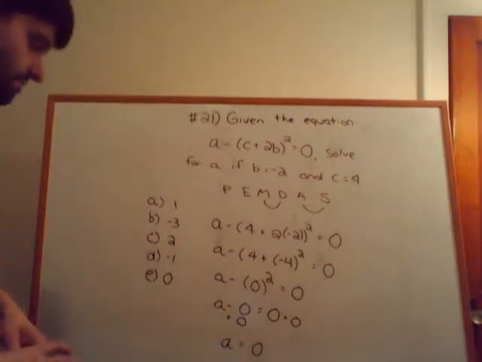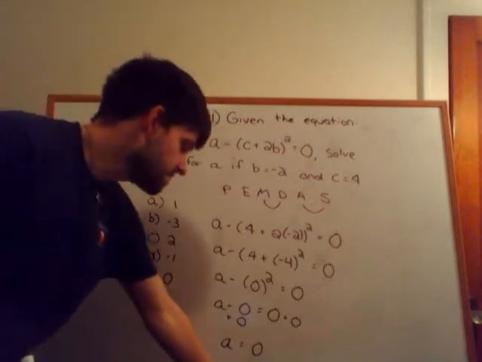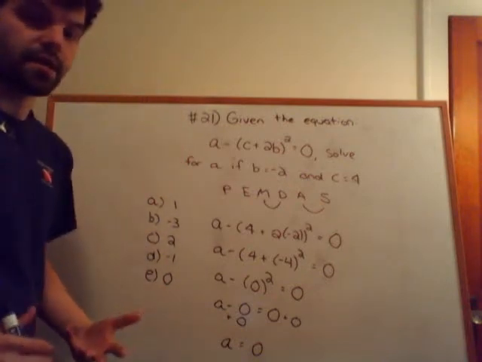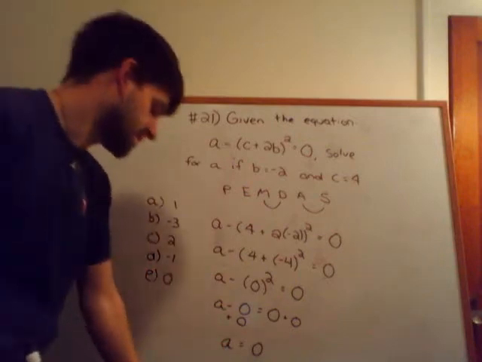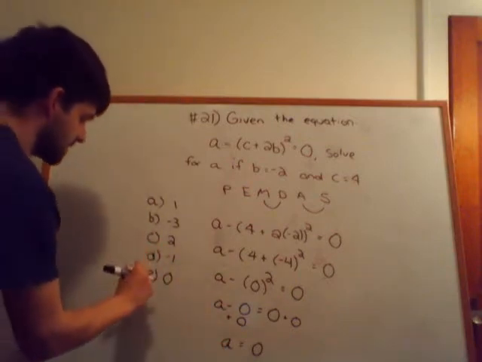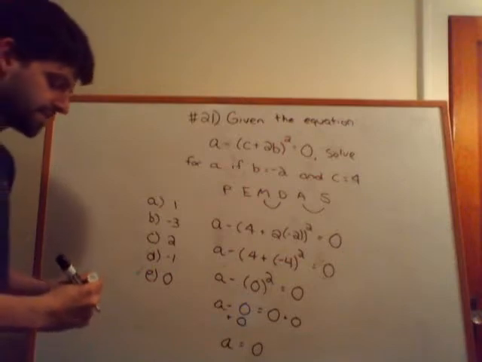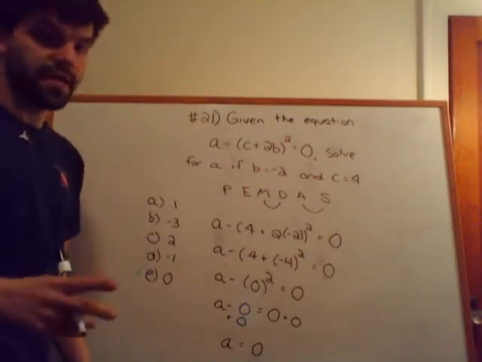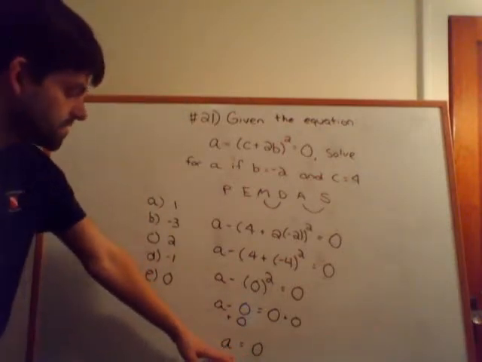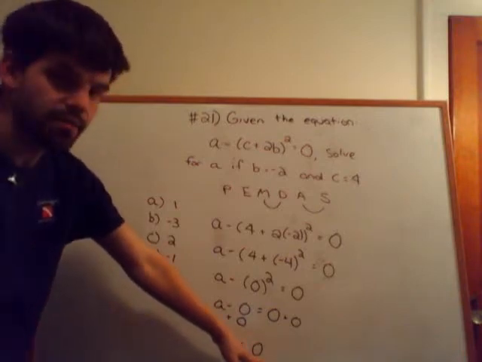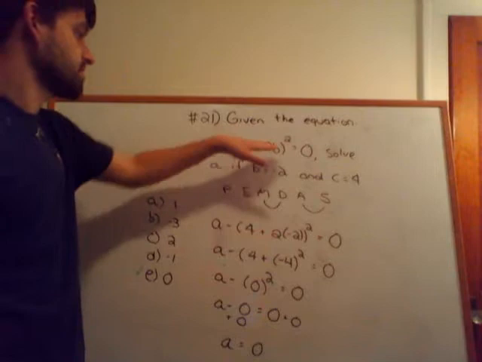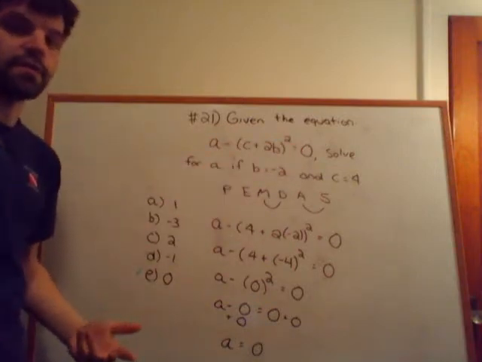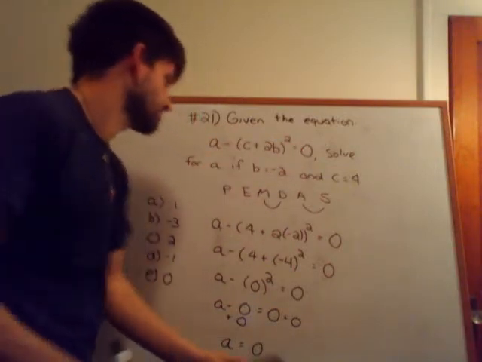Okay? Now, what we can do here is we can check our answer. So we have solved for A equaling 0, and we have the hypothesis that choice E is our answer. But we can now check our answer, and the way that we're going to do that is substituting the value we came up with for A and substituting it in for this equation up here with the other substituted quantities.